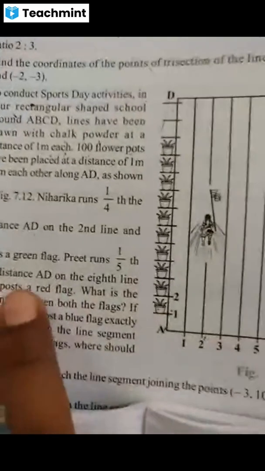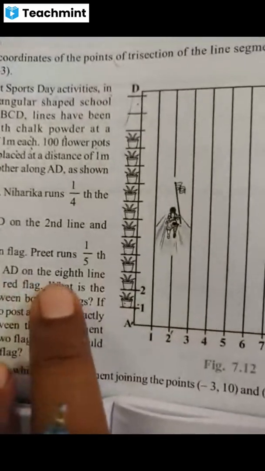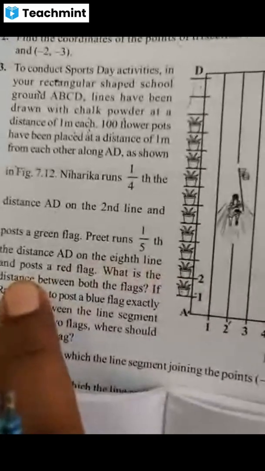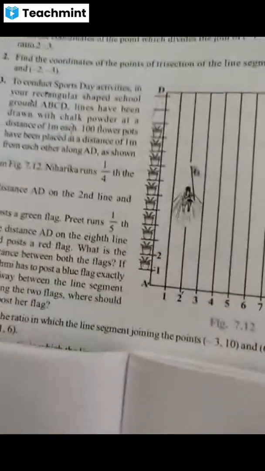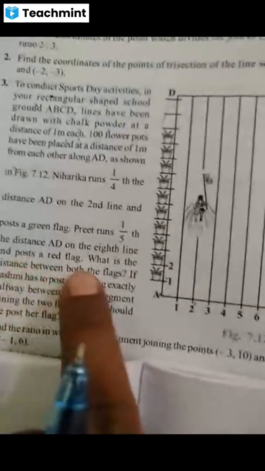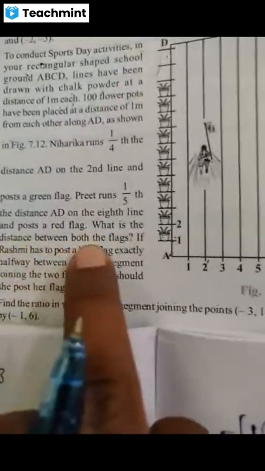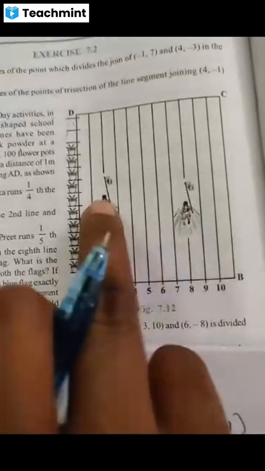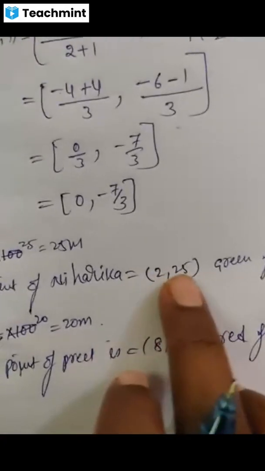Good. Right. The distance AD on the 8th line, and she posts a red flag. Okay, good. What is the distance between both the flags, the red flag and the green flag? How will you find the distance between these two flags? We already have the coordinate points.